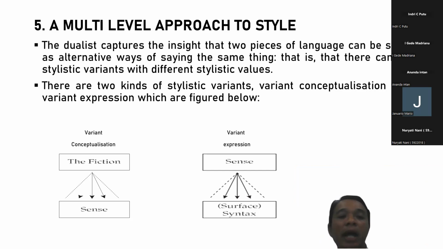You can see from the diagram below. Variant conceptualization is about the fiction and it brings to or produces the sense. Meanwhile, variant expression refers to the sense, and sense brings about the surface or syntax here.